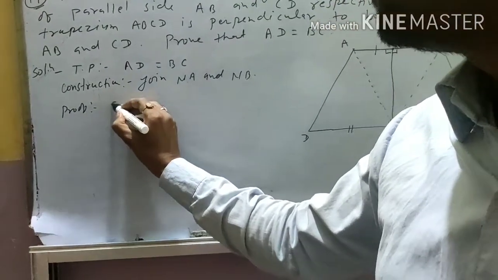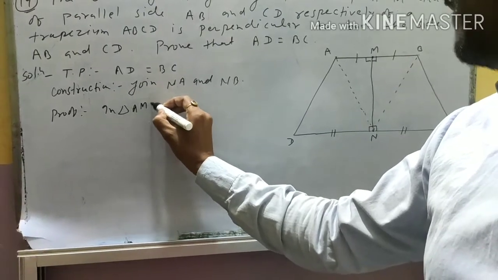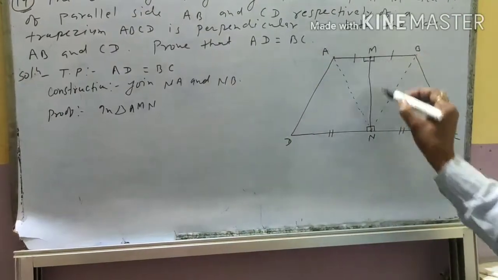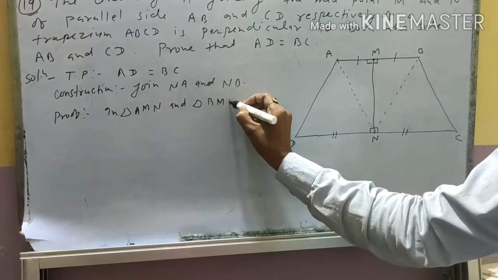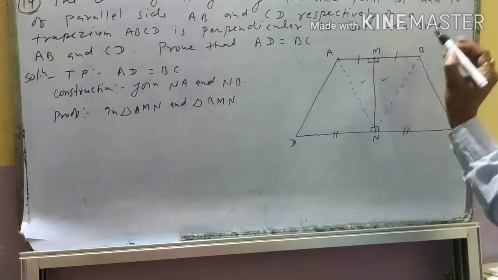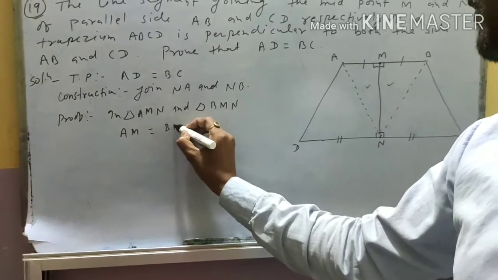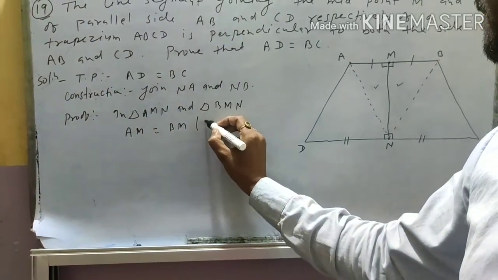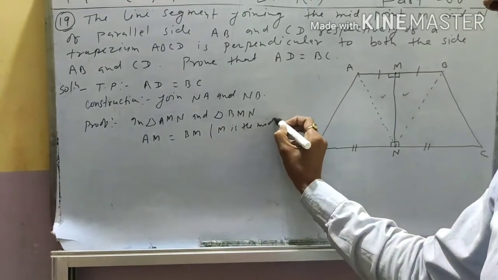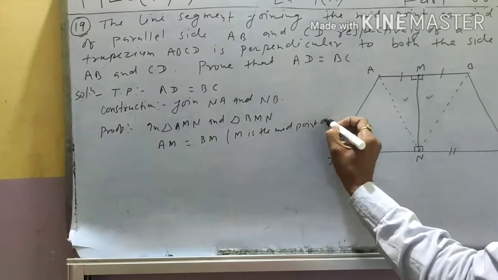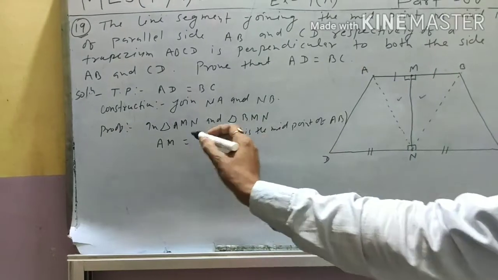Write down the proof. In triangle AMN and triangle BMN, AM is equal to BM, because M is the midpoint of AB.